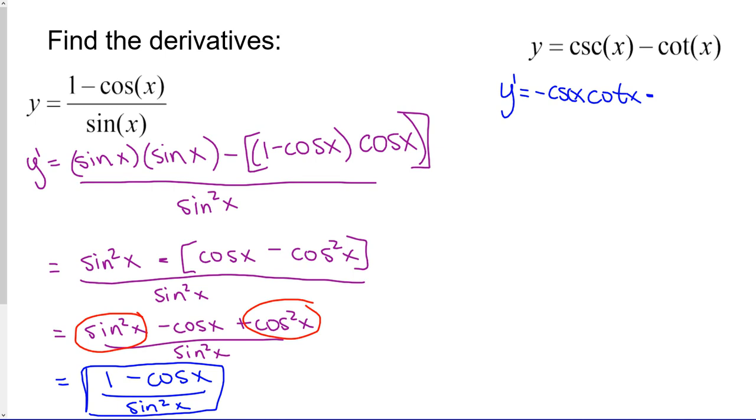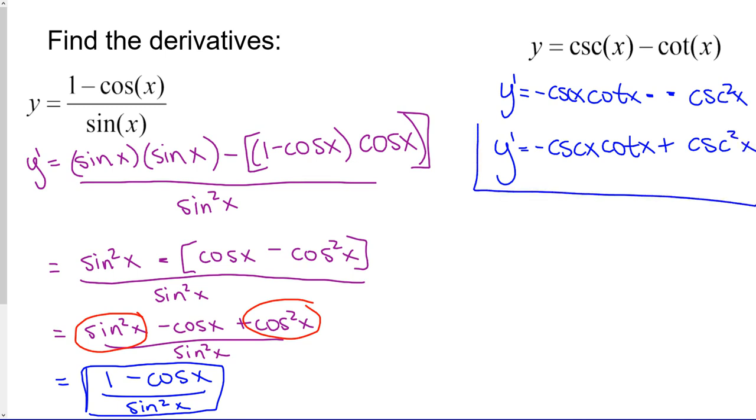Now, the derivative of cotangent of x is negative cosecant squared x. So if I simplify this derivative, it is negative cosecant x cotangent x plus cosecant squared x. And that's our derivative.